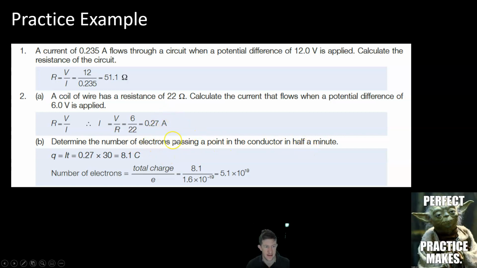If I know that amps is current per time, sorry, charge per unit time, you could potentially use it that way as well. So we've got number of electrons is the total charge divided by the charge of one electron. Once we know the charge, we plug it in and we get our value. Number of electrons is 5.1 times 10 to the 19 electrons flowing through in 30 seconds.